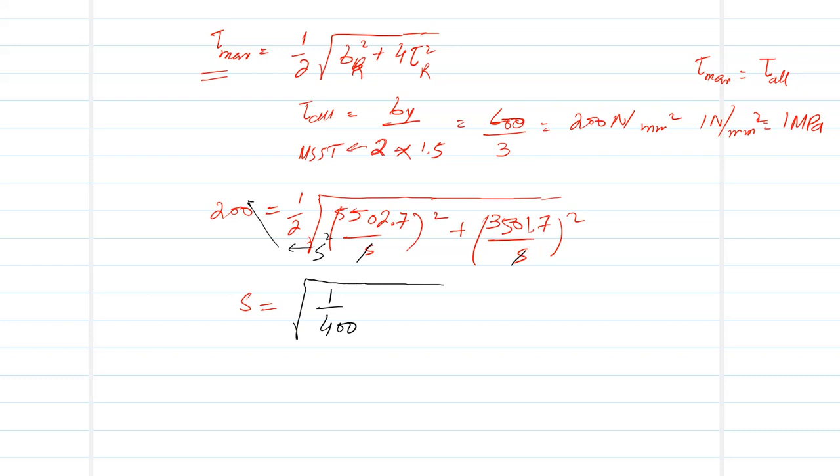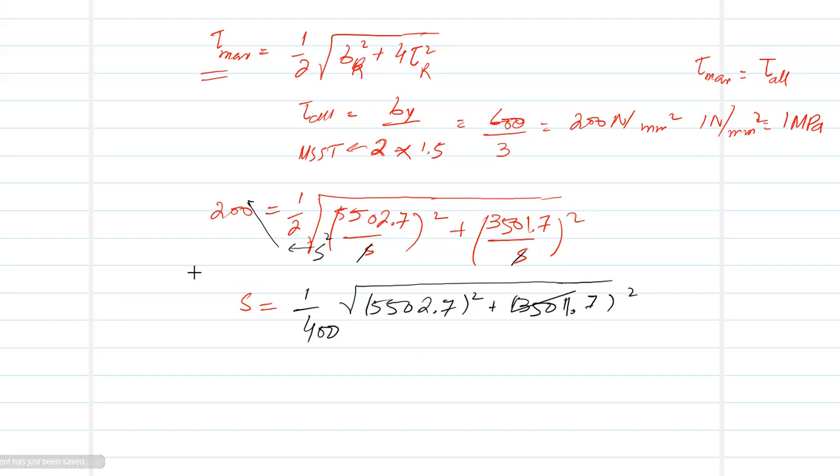S equals 1 over 400 into the square root of 5502.7 square plus 3501.7 square.